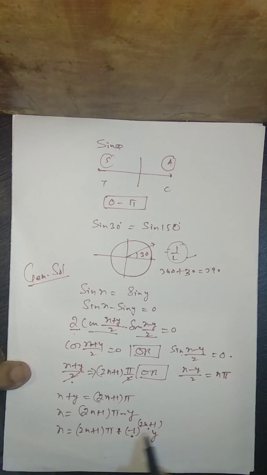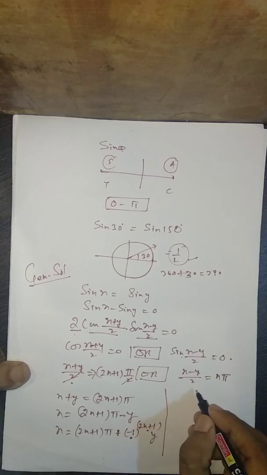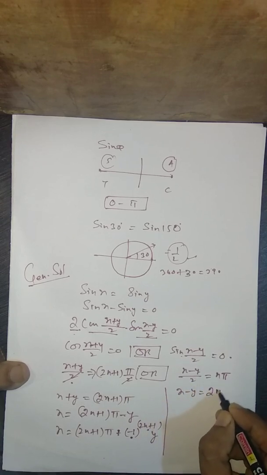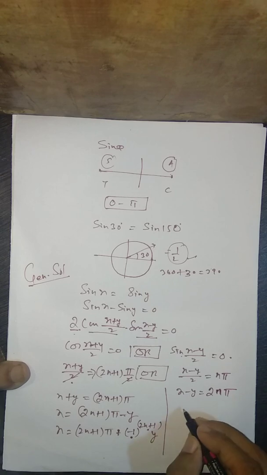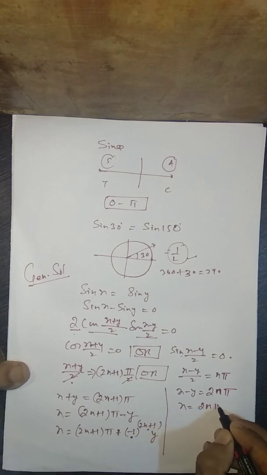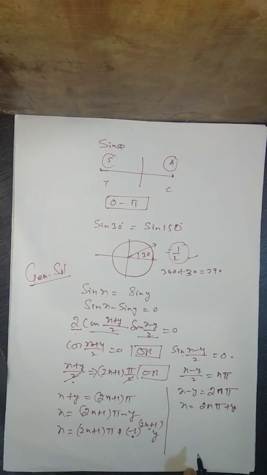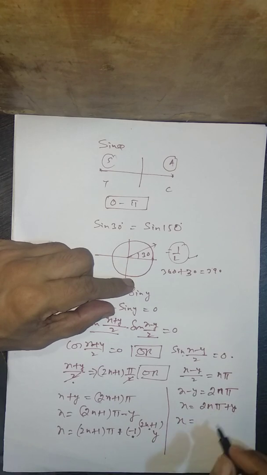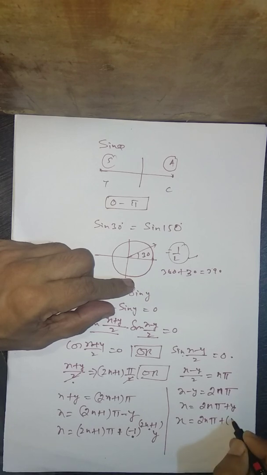On the other side, x minus y is equal to 2n pi, so x must be 2n pi plus y. In the same way, this can be written in exponential form as 2n pi plus negative 1 to the power 2n times y.